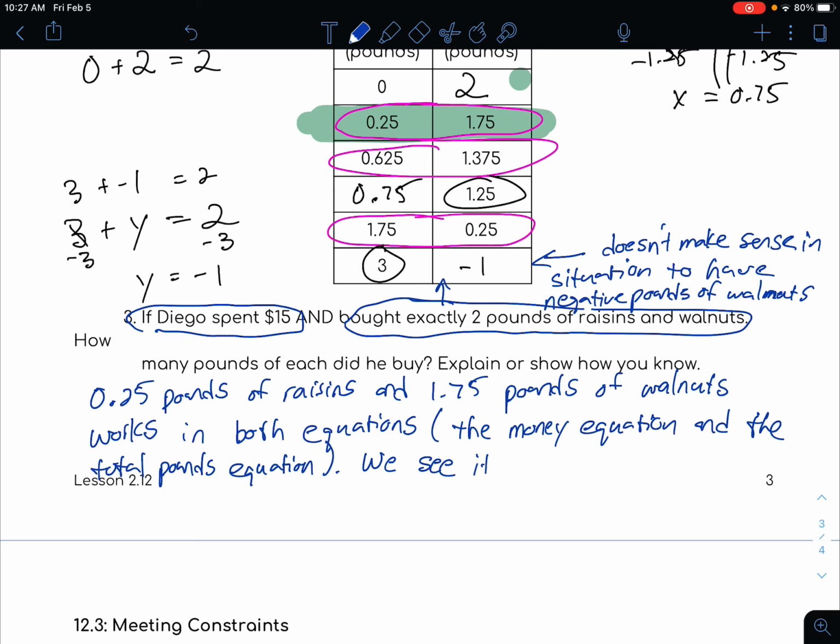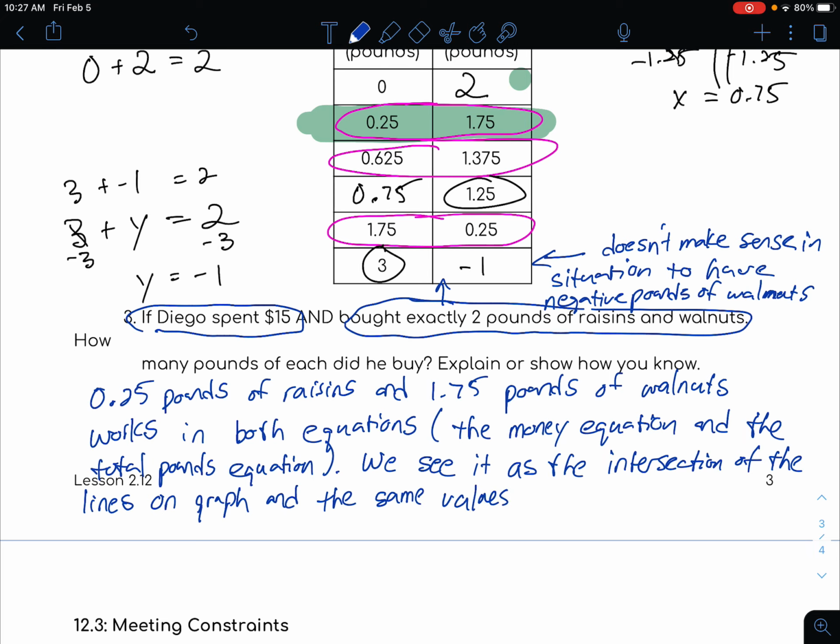We see it as the intersection of the lines on the graph and the same values that show up in both tables. Got a little wordy there, but you can condense that into your own words if you want.